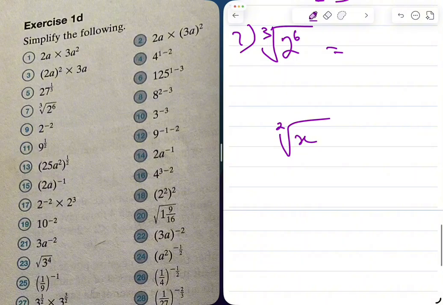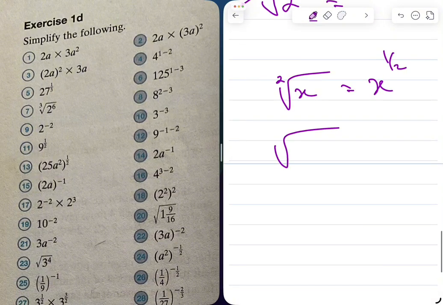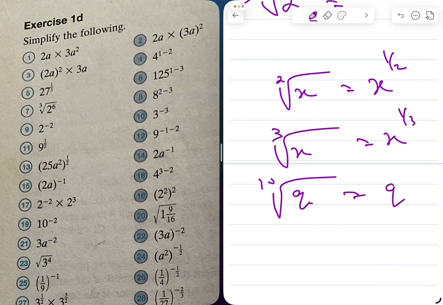Now, square root of x is the same as x raised to power 1 over 2. The cube root of x is the same as x raised to power 1 over 3. The 10th root of q is the same as q raised to power 1 over 10.